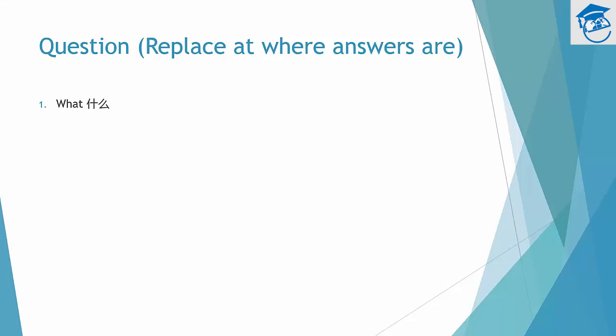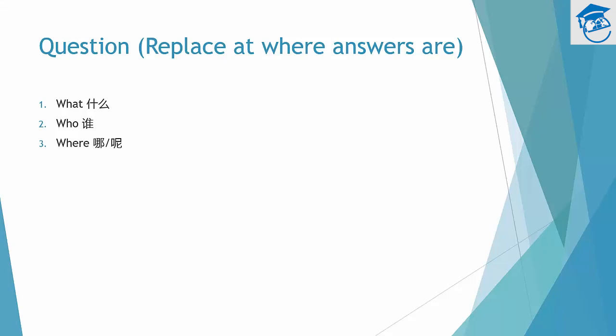Next one is who, 谁. The third, where, 哪. Usually you will say 在哪, at where. 呢 is hardly used and it's usually in an informal situation.